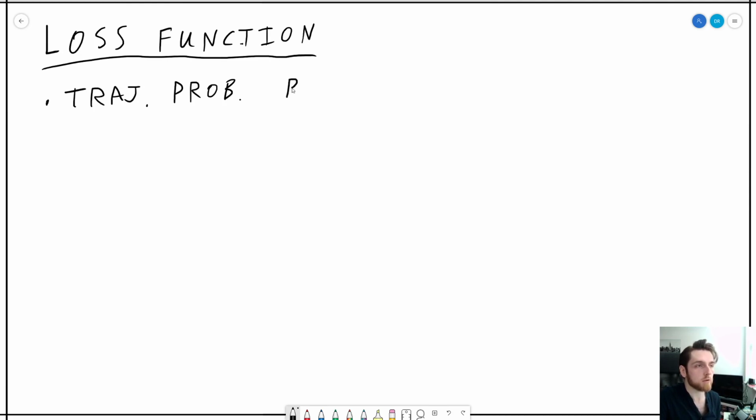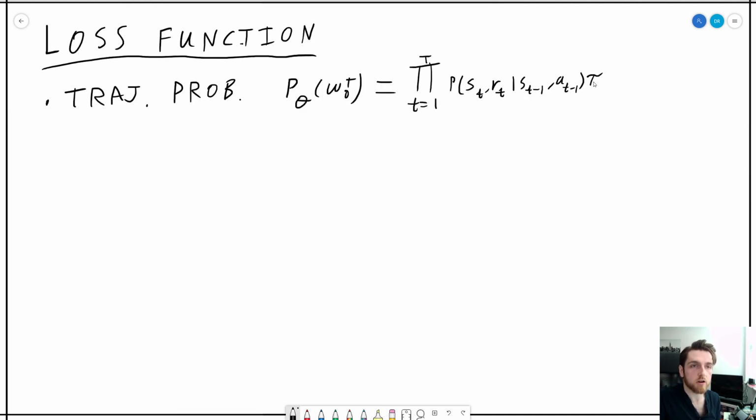We'll write p theta of the trajectory omega as the product over time steps of the environment step given the action chosen by the policy, and some initial distribution for sampling the initial state.